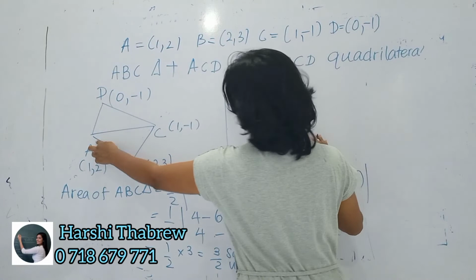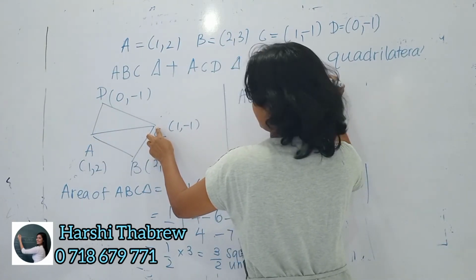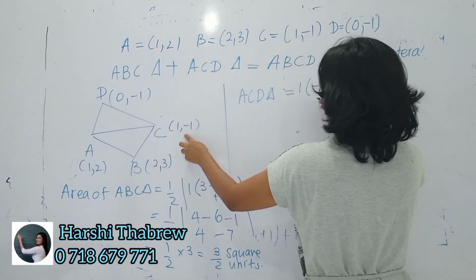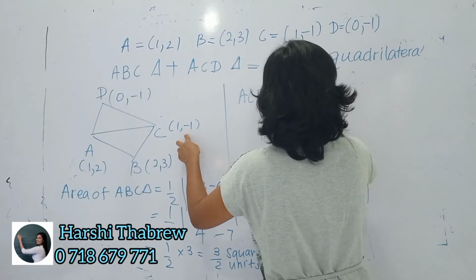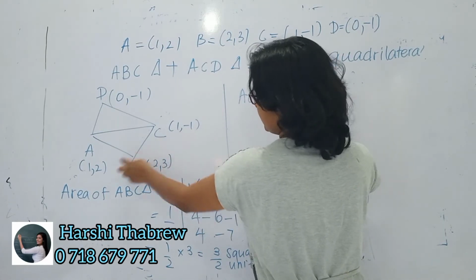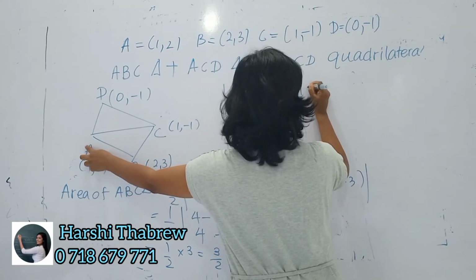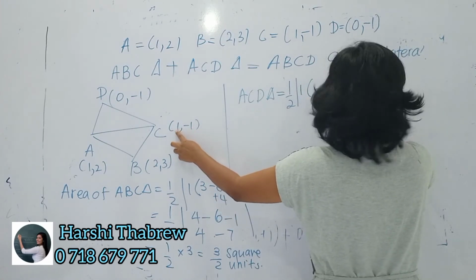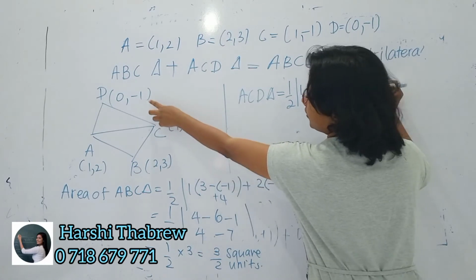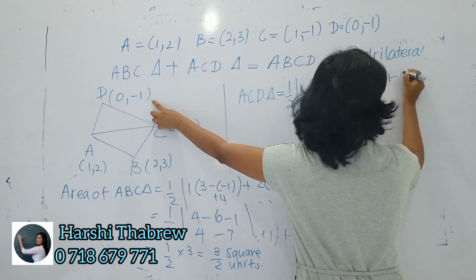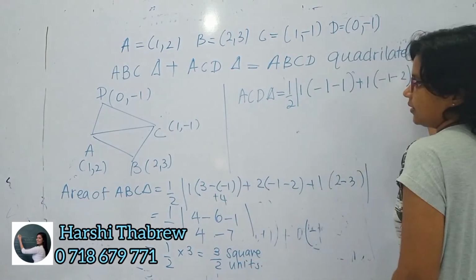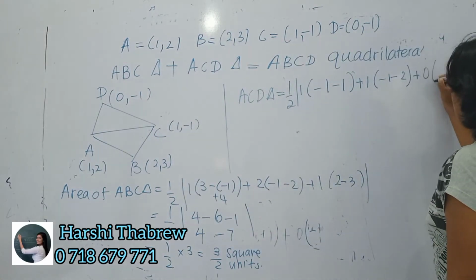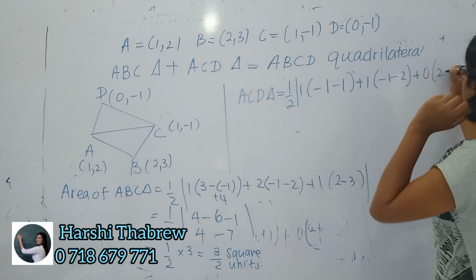Let's start from A. Half into modulus of 1 times (negative 1 minus 1) plus 1 times (negative 1 minus 2) plus 0 times (2 minus minus 1).